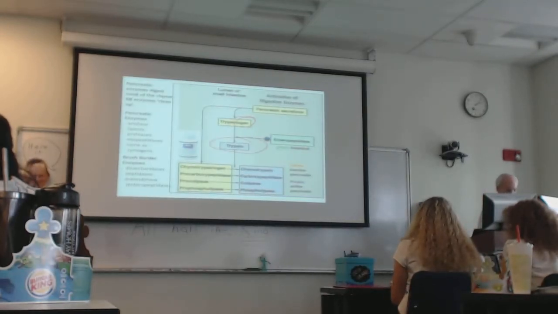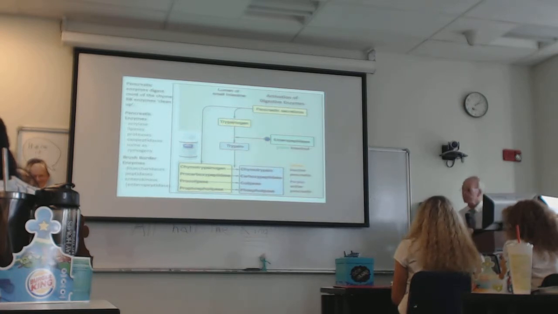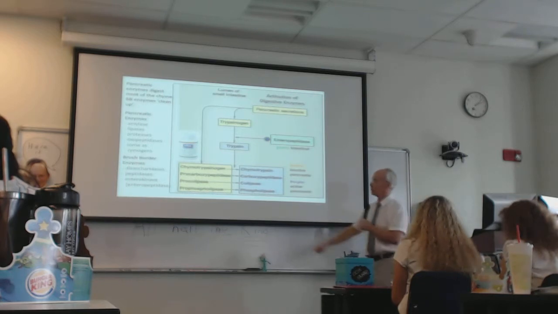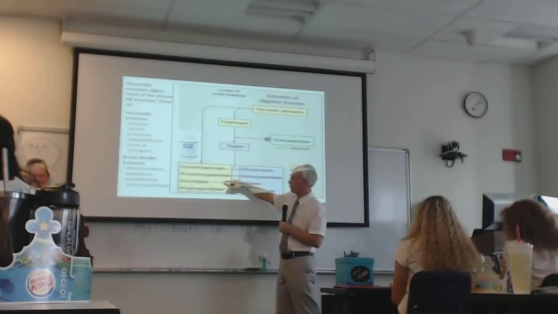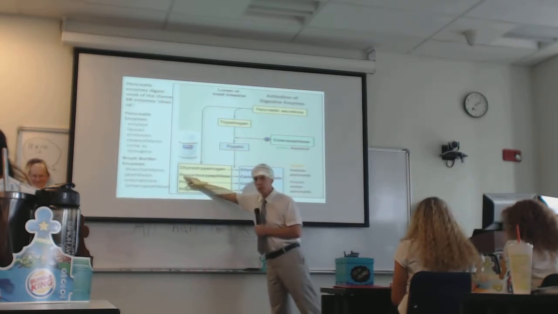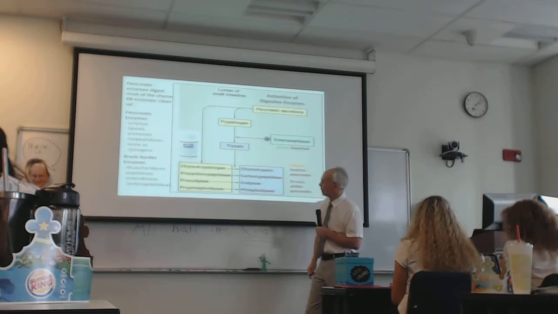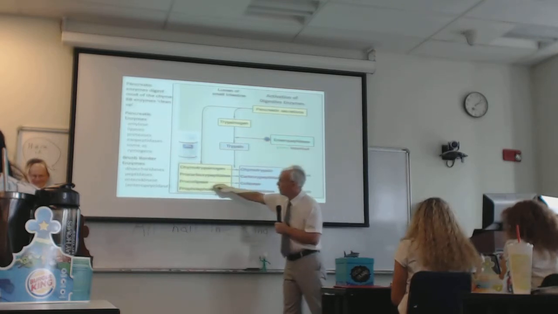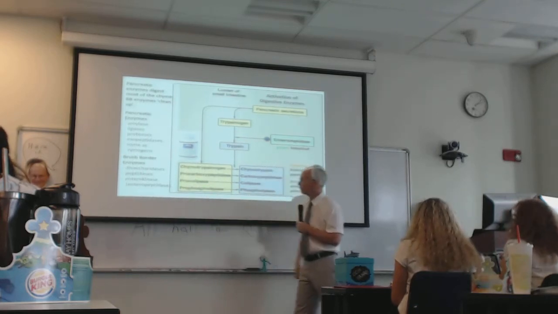And then as you look at the bottom of our illustration here, what does the trypsin do? It activates all of these other pancreatic enzymes. Remember, all these are pancreatic. So the chymotrypsinogen, again, we talked about pro-hormones in the endocrine unit, prolipase, prophospholipase.